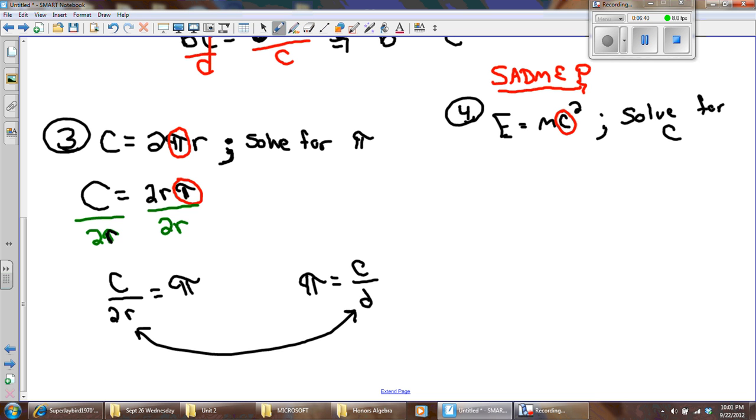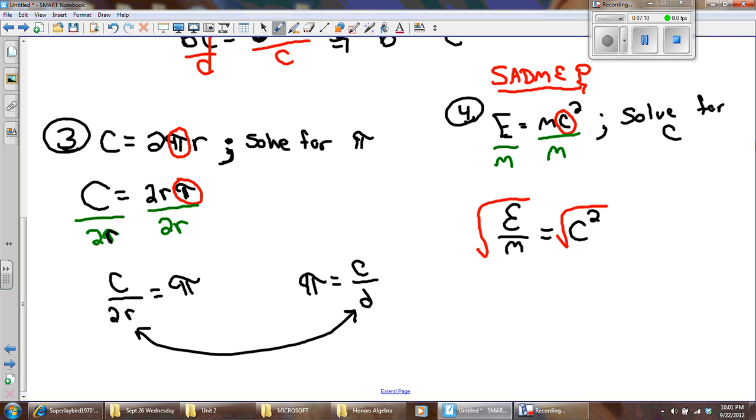So I'm going to undo the multiplication first, divide by m, and I will get the equation E over m equals c squared. And then to undo the exponent, I'm going to take the square root. If it was a cube, I'd take the cube root, but since it's a square, I'll take the square root.